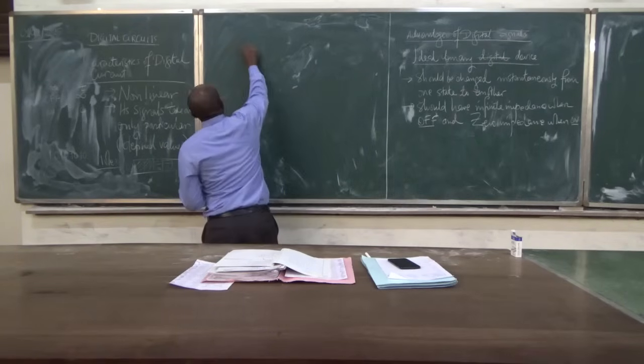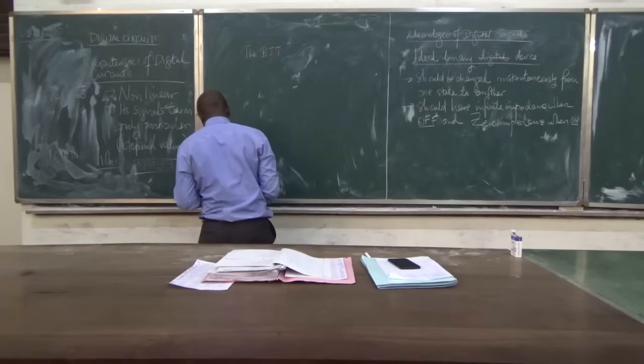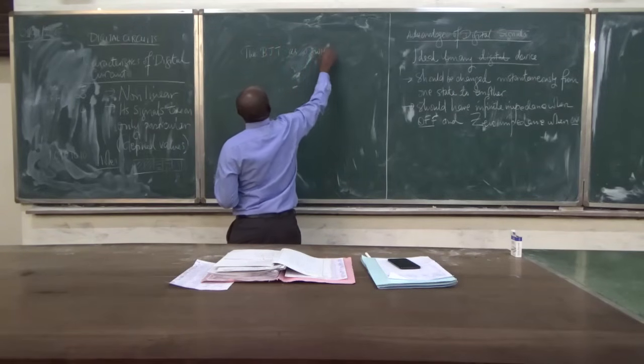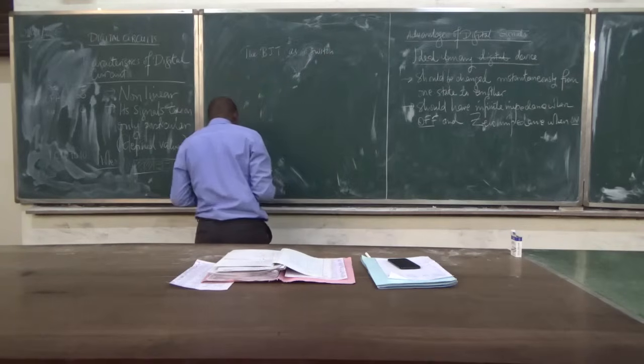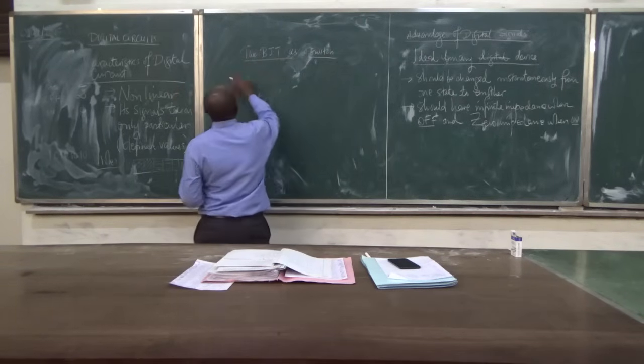So let's look at the BJT, the bipolar junction transistor, as a switch, which we call an inverter.